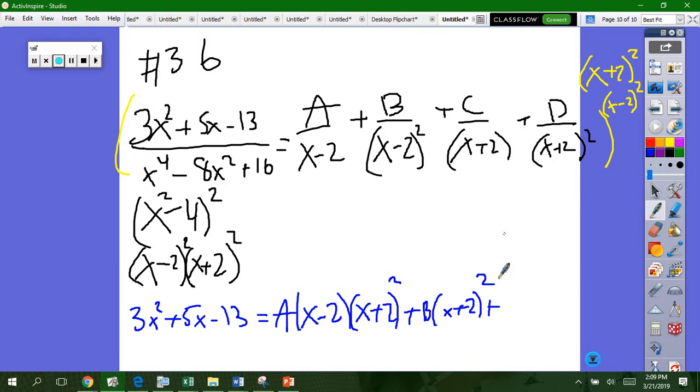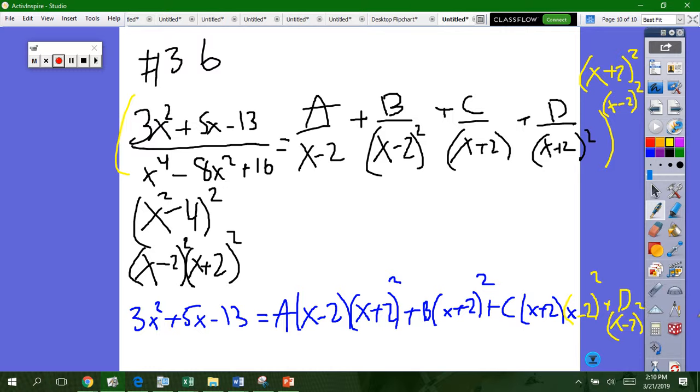Notice one of those x plus 2's cancels on the c, and I'm left with x minus 2 squared. And then d is left with x minus 2 squared. Do you see how that works? You get the idea though?